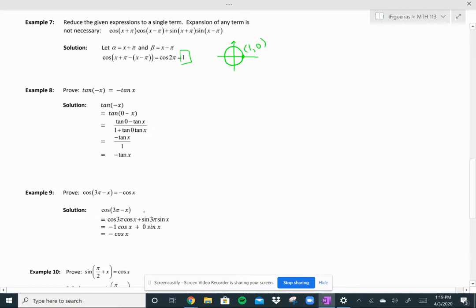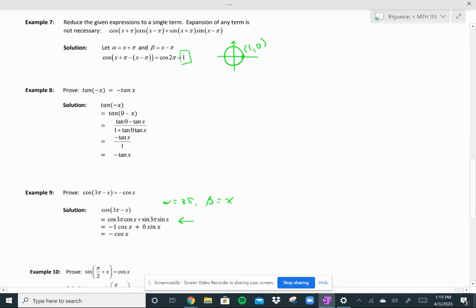So this is the difference formula for cosine, which is the fourth one in the box above. And so if I apply that directly into the formula, here your alpha is 3 pi and your beta is x. So you get what you see here, cosine of 3 pi times cosine of x plus sine of 3 pi times sine of x.